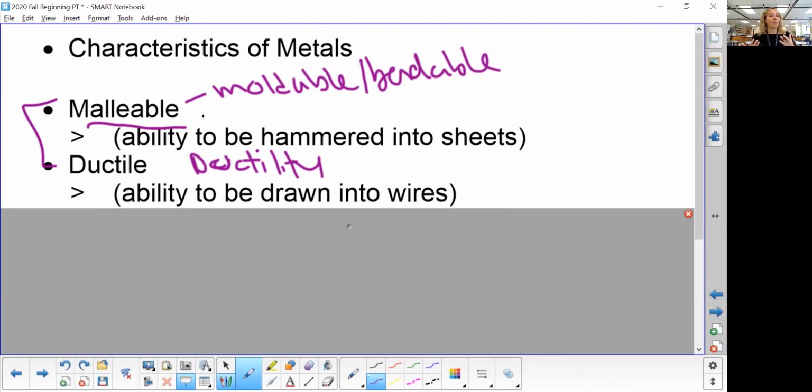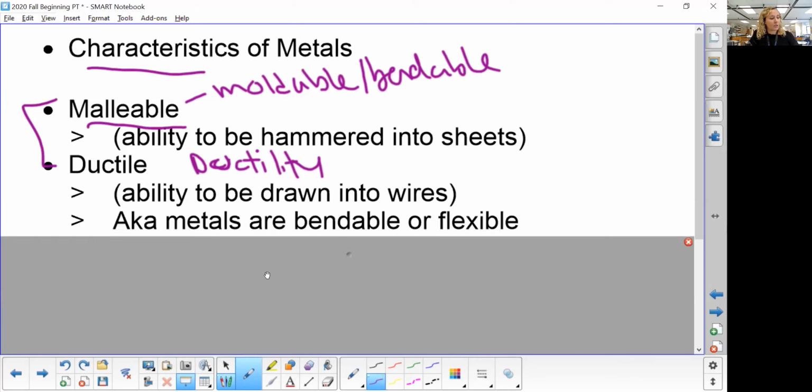Some metals are both malleable and ductile, but these are common characteristics of metals, meaning they apply to most of the metals, but not all of the metals. But in general, a key characteristic of metals is that they're bendable and flexible, okay? That they don't crumble, to sort of say what they are and what they are not.